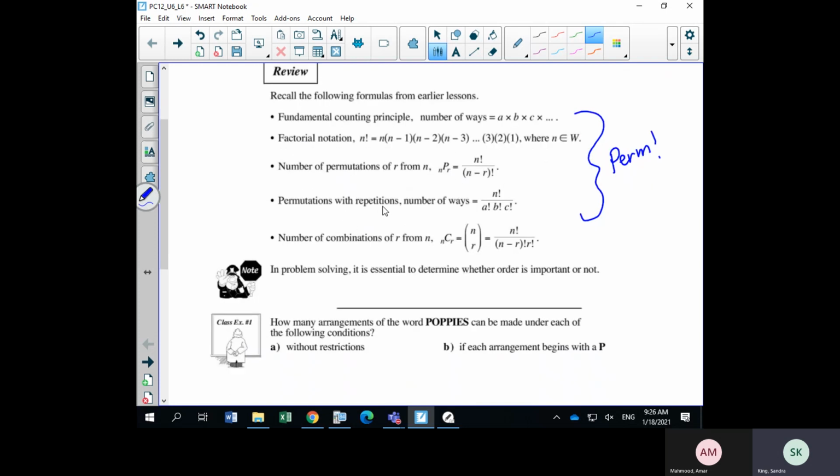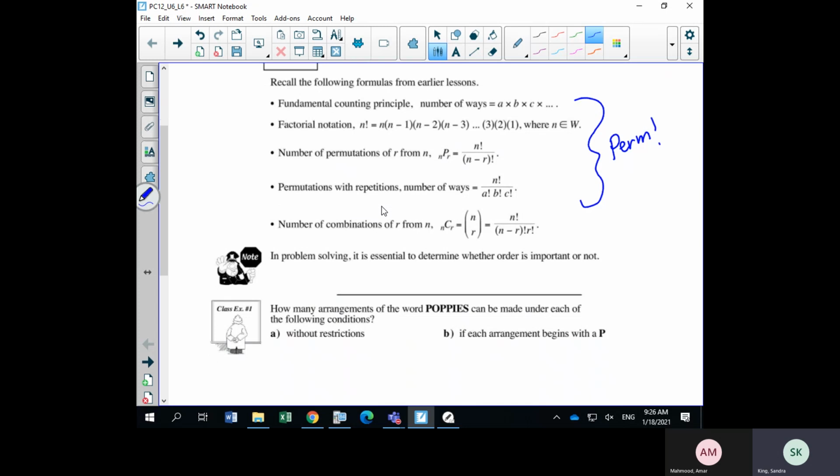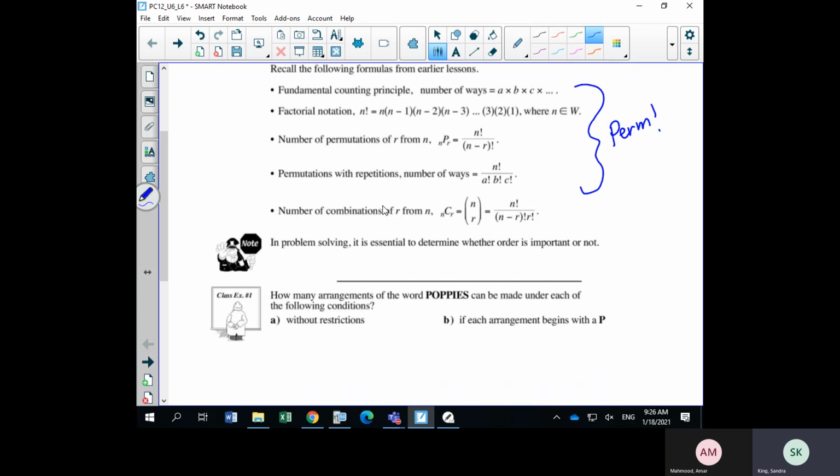When we have permutations with repetitions, remember the word Ross? If I said how many four-letter arrangements can be made from the letters in Ross, you would have said, okay, well, there's 4 letters total, and then you're going to divide by the repeats. So we're going to be reviewing this today and making it more complicated.